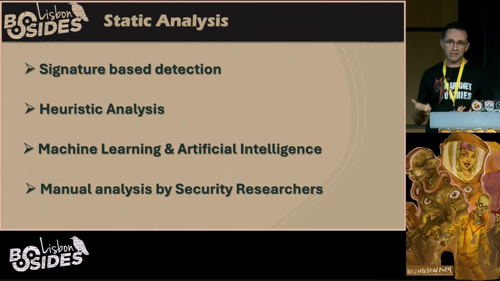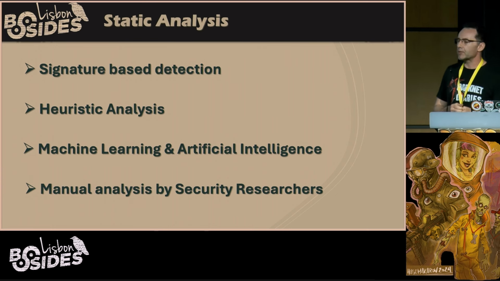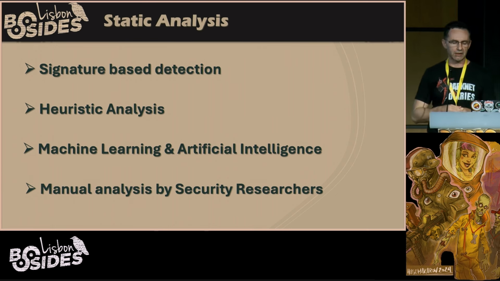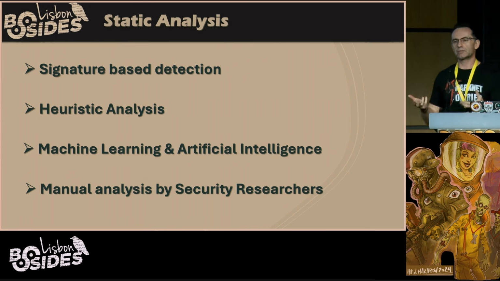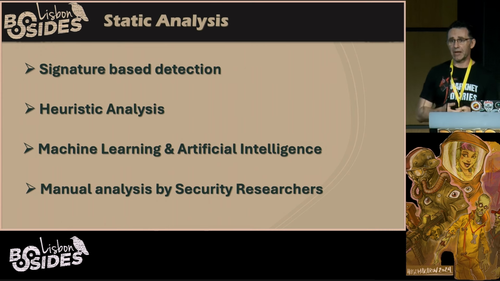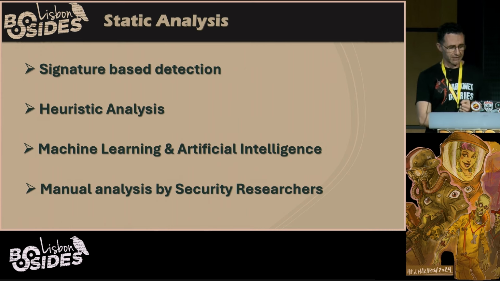We look at some characteristics, including suspicious API calls, or if the app is packed, or if it's obfuscated somehow, and we can come up with a decision regarding whether it's malware or not. We have machine learning and artificial intelligence, where, once again, AI models are trained in order to identify malware based on some specific characteristics.